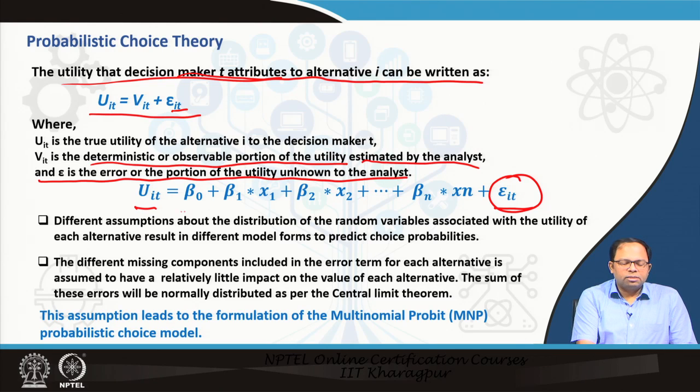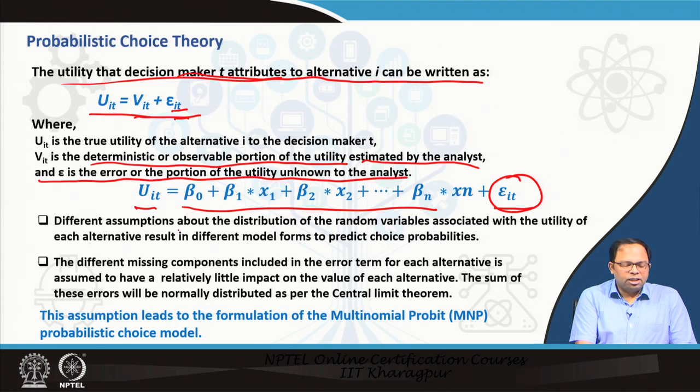So, UIT is both a deterministic part plus an error term, and the deterministic part could be expressed in this particular way, where we have beta 0 plus beta 1 x1 plus beta 2 x2 and so onwards, where beta 0, beta 1 are the coefficients and x1, x2 are the different characteristics of that particular alternative that we are considering.